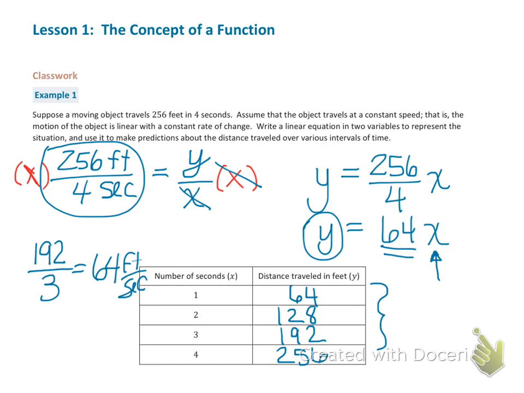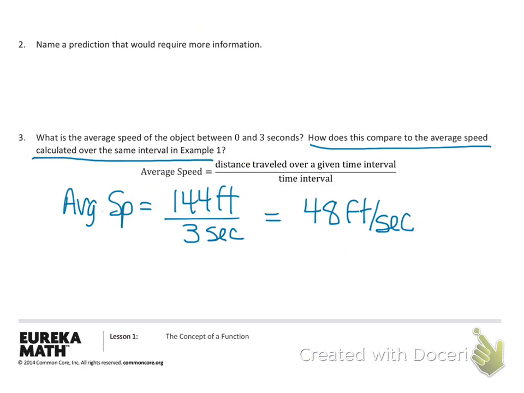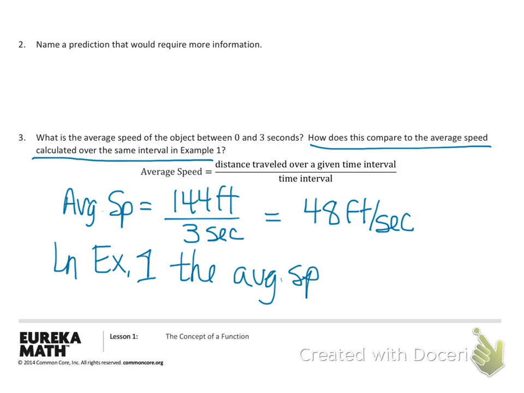So that's different from what we got just now. We could say that in example 1, where we were assuming constant speed, the average speed was 64 feet per second.